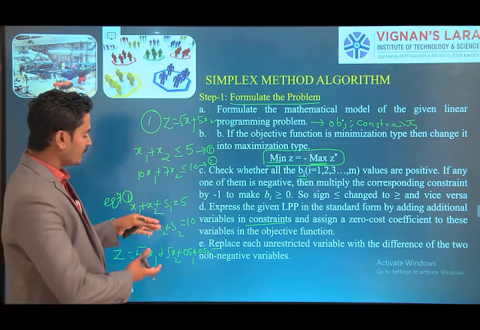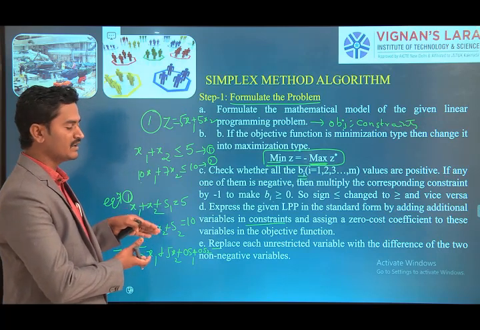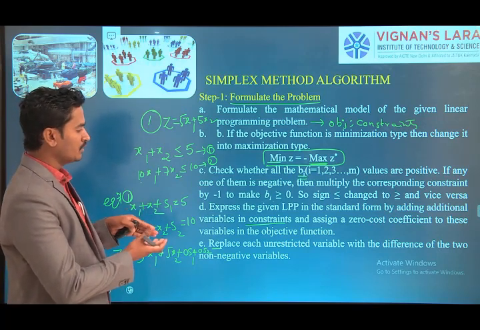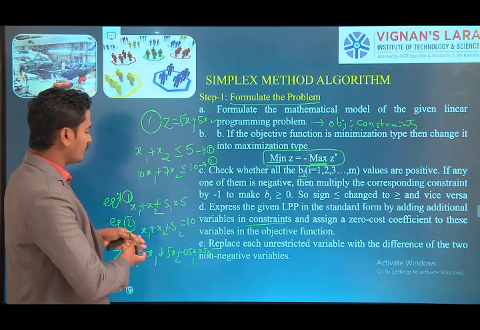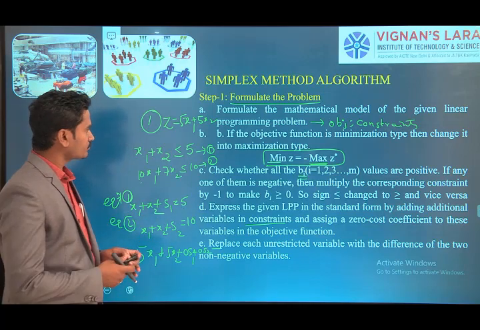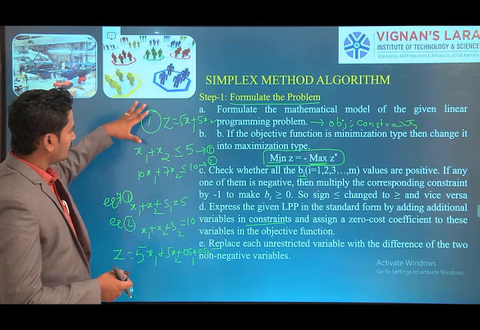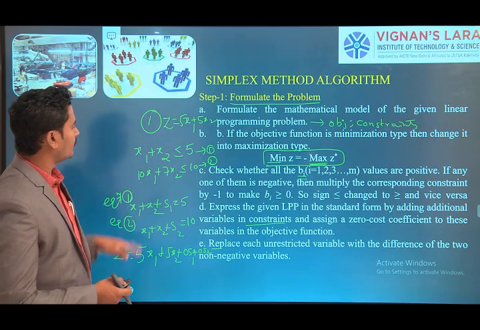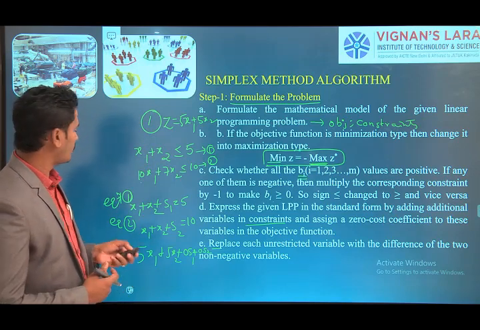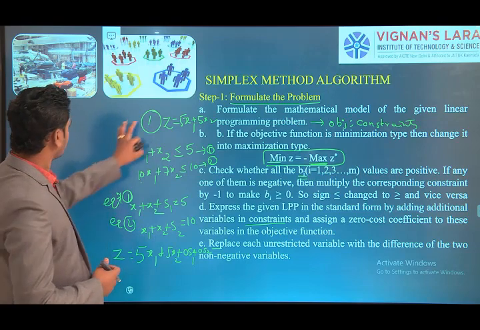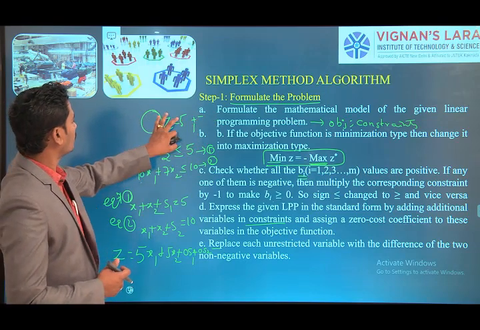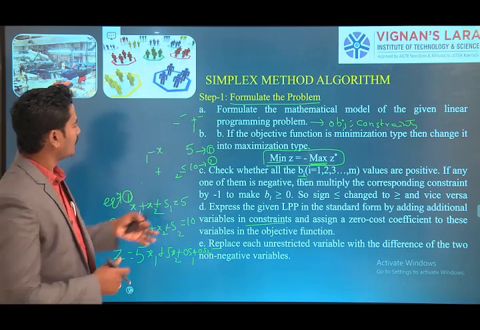Okay, if we have any unrestricted variable, we are going to change that variable into non-negative variables. Okay, that is the formulation of the problem. How are we formulating the problem? First, we convert the mathematical model into an LPP.